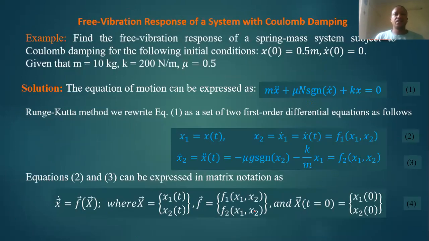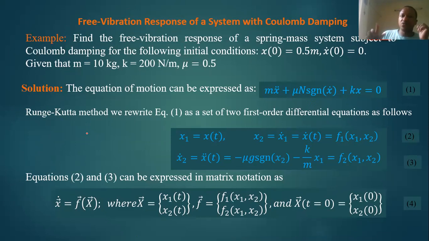So let's take one example on this part, because in order to understand more clearly, examples are used. Find the free vibration response of a spring-mass system subjected to Coulomb damping for the following initial conditions.